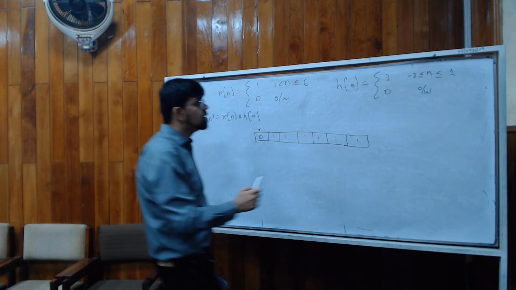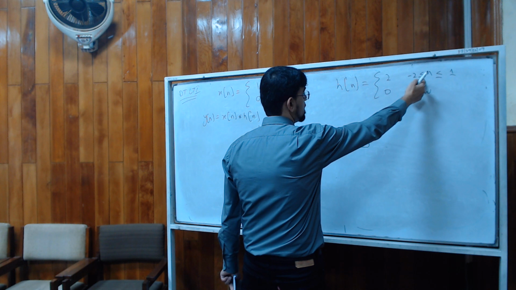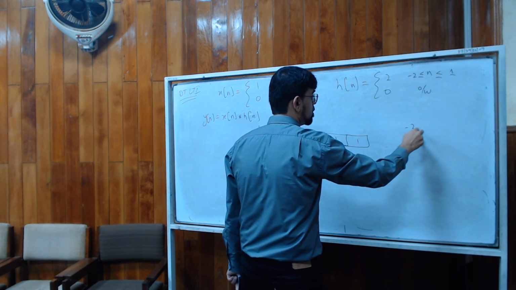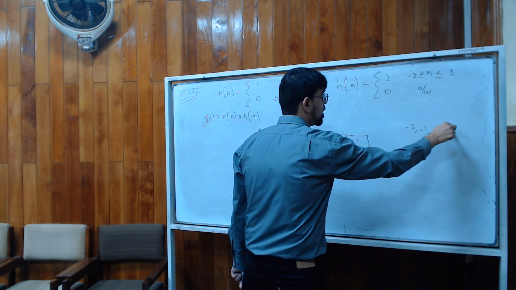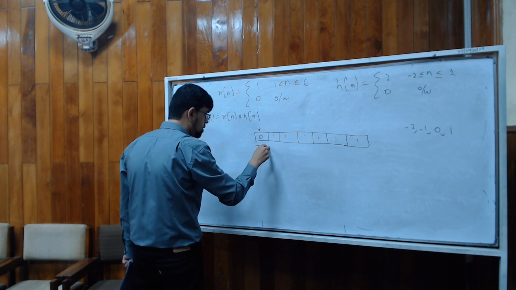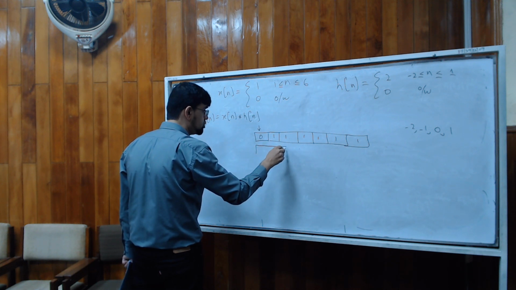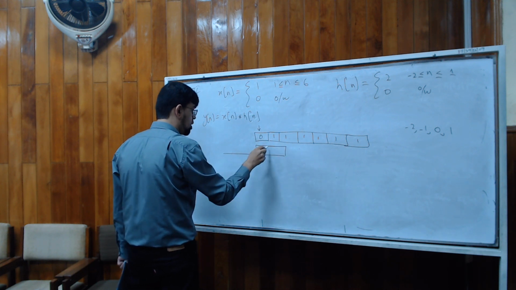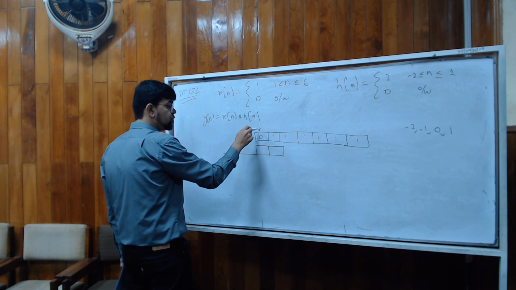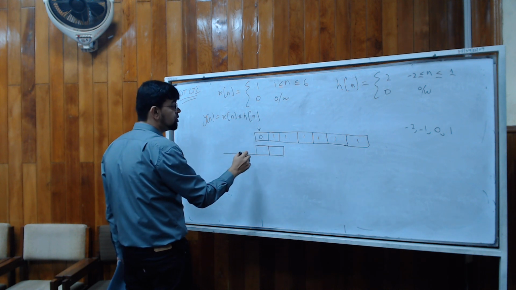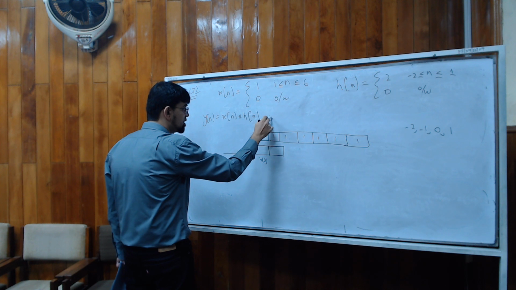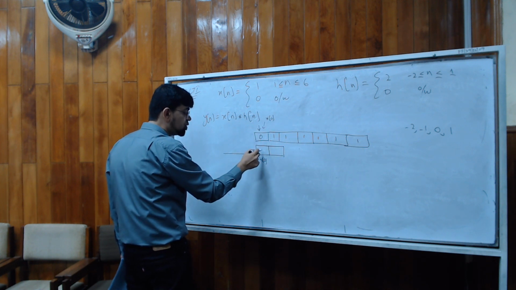What about the impulse response now? If we look at it, the impulse response has a value of 2 at -2, -1, 0 and 1. So we already know that 0 is here, because we have put an arrow here. So let's put the value of h0. This should be aligned with x0, whatever that is. And here we need to put h0.